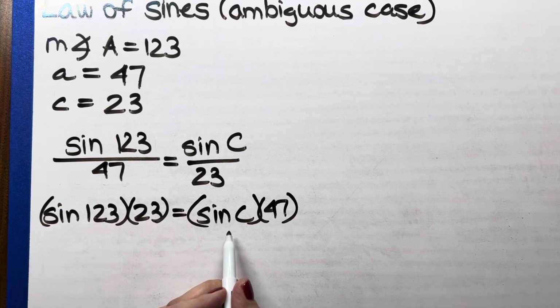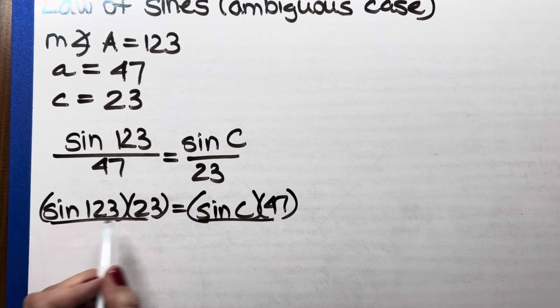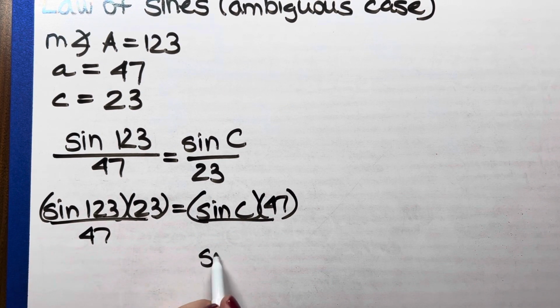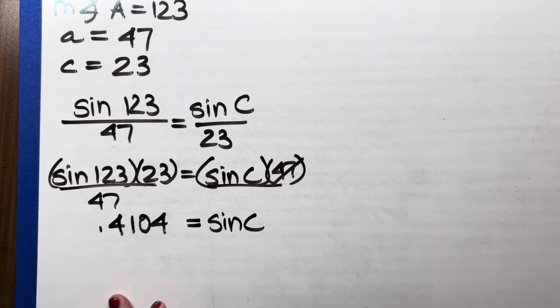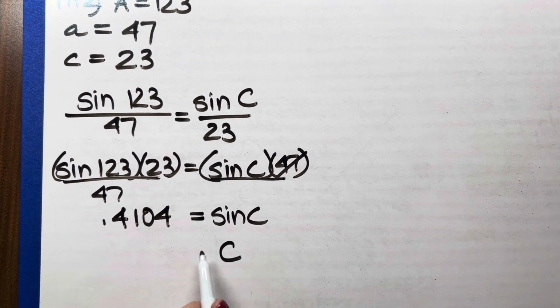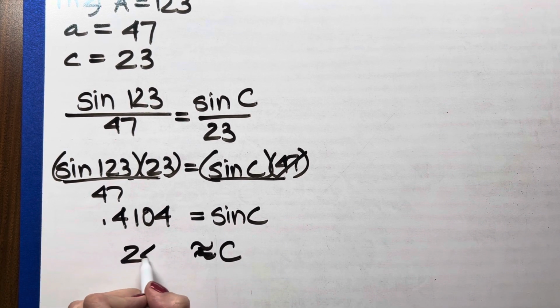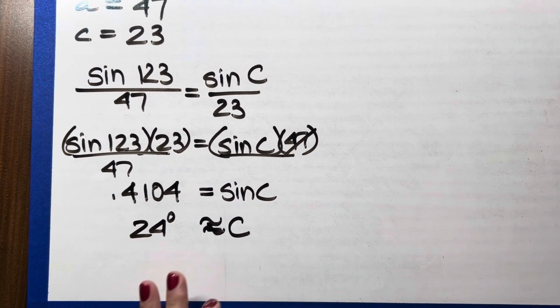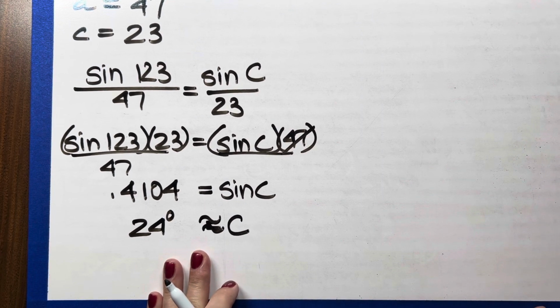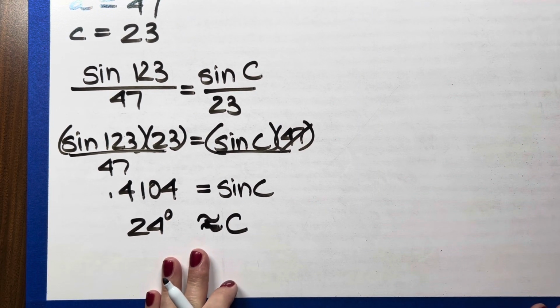We need to divide both sides by 47, and we end up with the sine of C equaling 0.4104. To solve for angle C, you have to use your inverse function, and you should get an angle. It's approximately 24 degrees. So now we have an angle that could form one triangle with our given information.